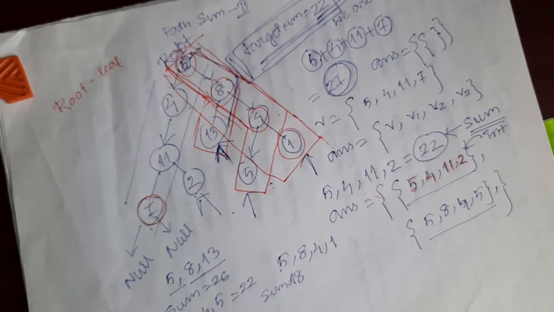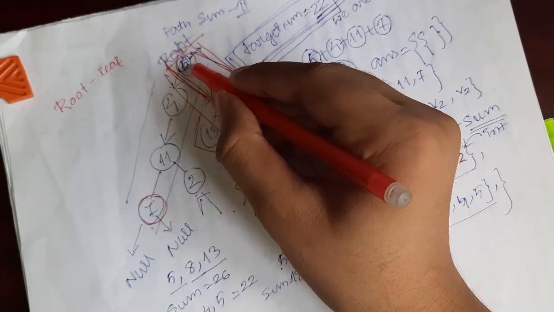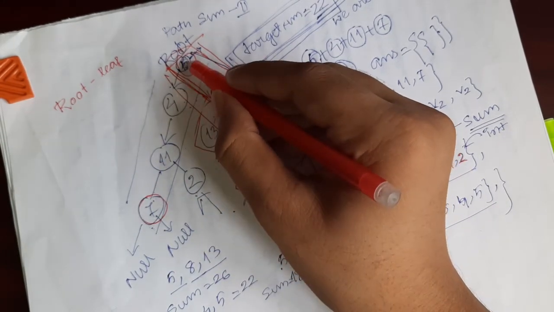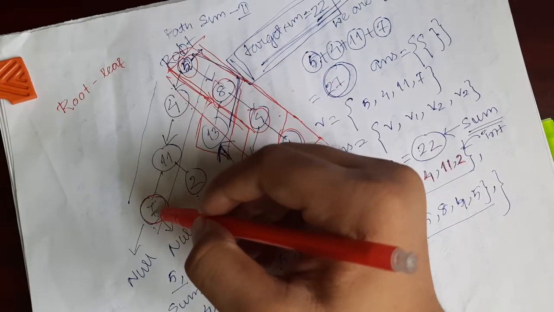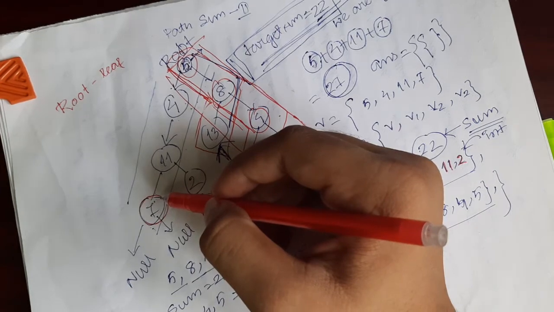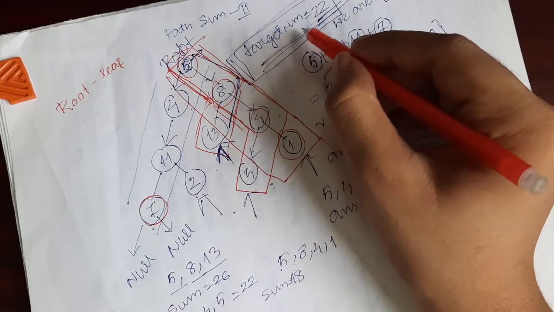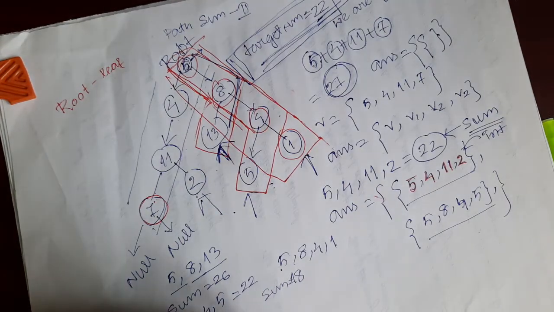So for doing that, the first approach that should come to our mind is traversing from here to here and storing the value of each node, and checking if the sum of those values is equal to the target sum, and if they are equal, then we'll add that to our answer.